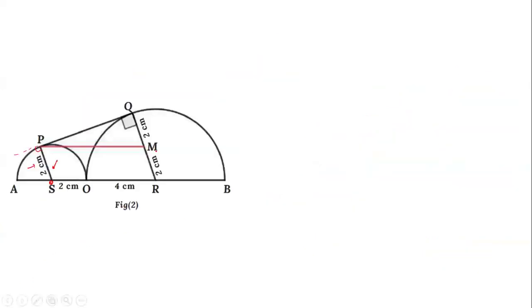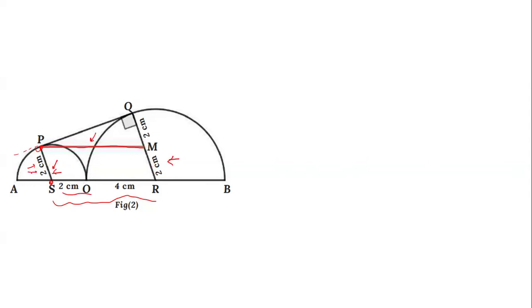So this whole length from the center is 4 centimeters. Now draw a line parallel to this SR line. We know this line is parallel to this line, and this SR line is parallel to this PM line.